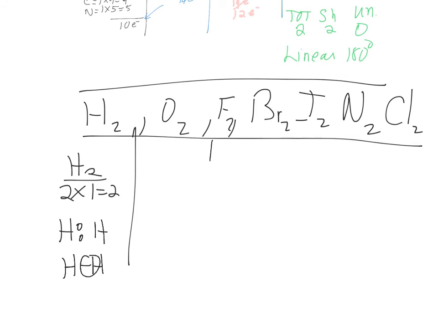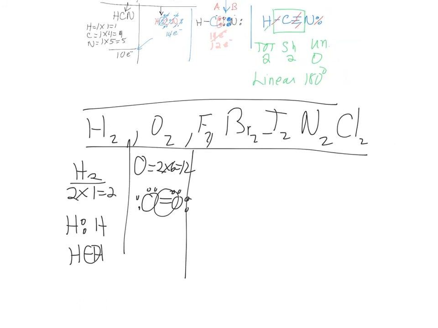When you do oxygen, however, you get 2 times 6, which is 12. And when you do the Lewis dot structure for oxygen, you're going to see that you're going to need a double bond for oxygen. So oxygen is one of those diatomic molecules that have a double bond. Fluorine is going to turn out to be single bonded because it needs 7 times 2, or 14 electrons.